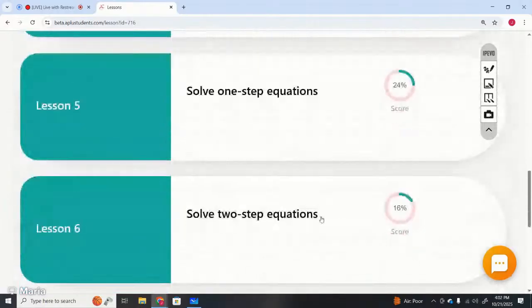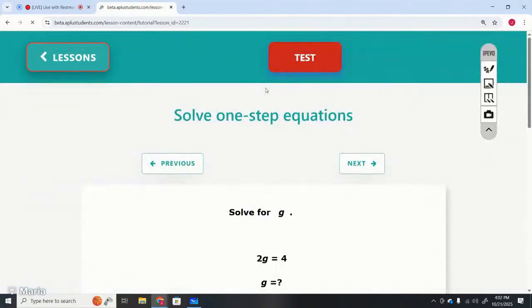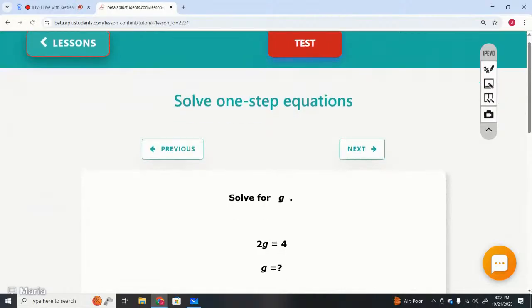Let's just start with the lesson that is solve one step equations. Solve for g. 2g equals 4.